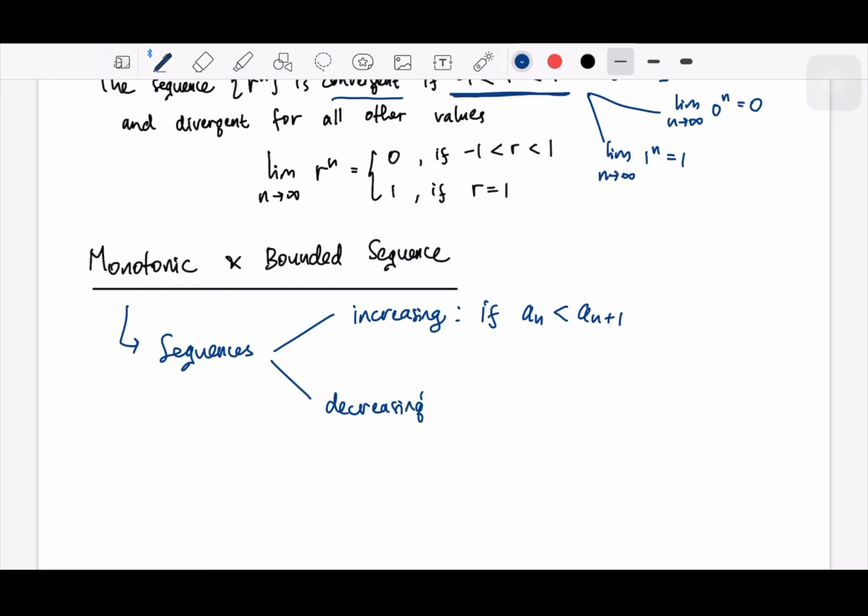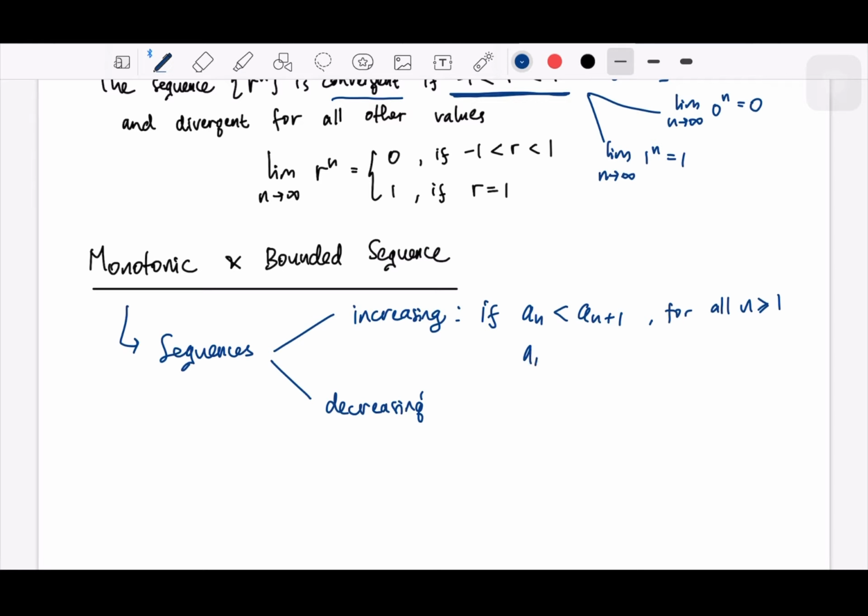Of course, the next term should be higher. This is for all n greater than or equal to 1. So we start from n equal 1 and then it starts increasing.